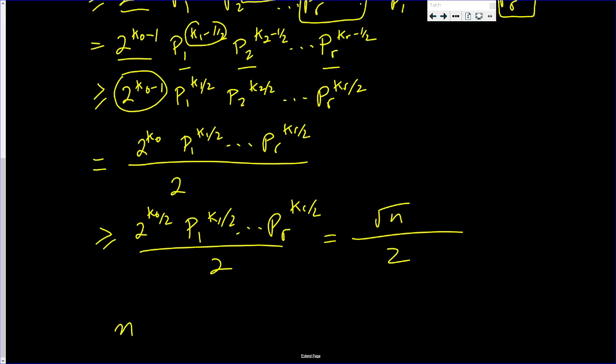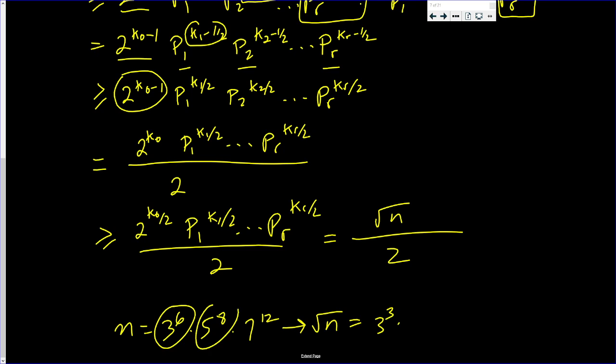Okay, if n is equal to 3 to the 6, 5 to the 8, 7 to the 12, then the square root of n would be the square root of this, which is 3 cubed, times the square root of that, times the square root of that.